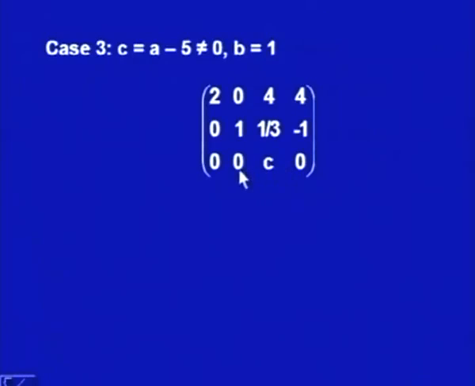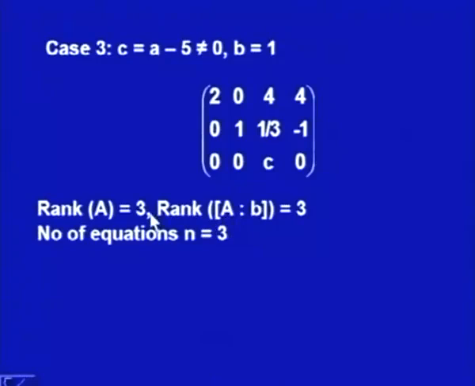The rank of A:B, that is the augmented matrix, will also be 3, because a 4 by 4 determinant is not possible; at most the rank will be 3 in this case. So the rank of the augmented matrix is also 3.